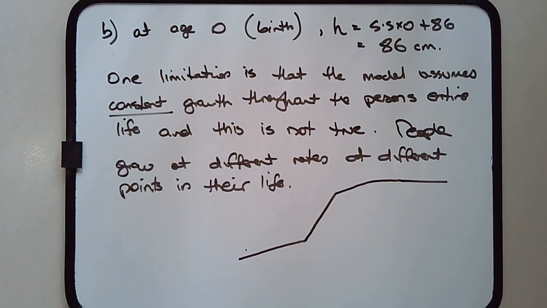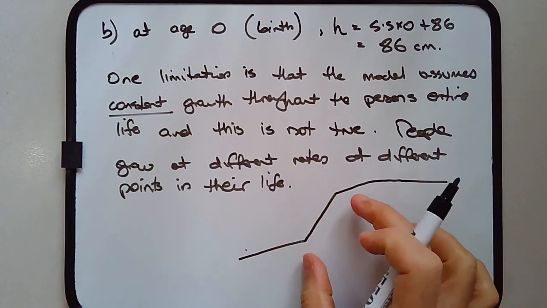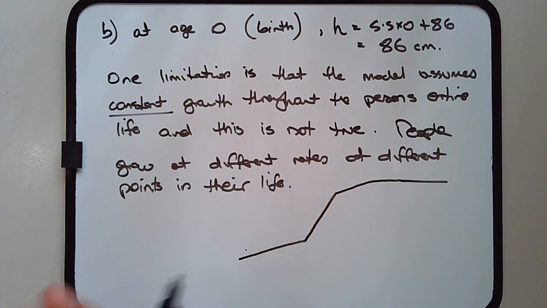You've reached the limit. The body says, I'm not growing anymore. I've reached the height that I'm meant to reach. So it's only linear at a certain point, or between certain ages, or at a particular gradient. So there's clearly a limitation there.